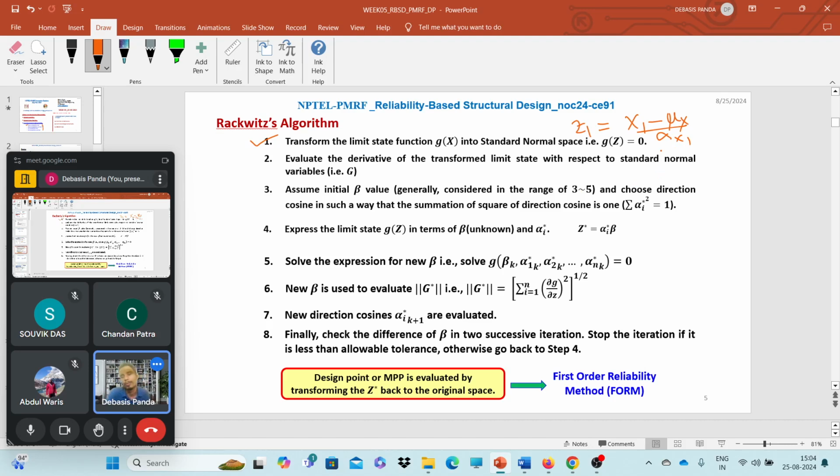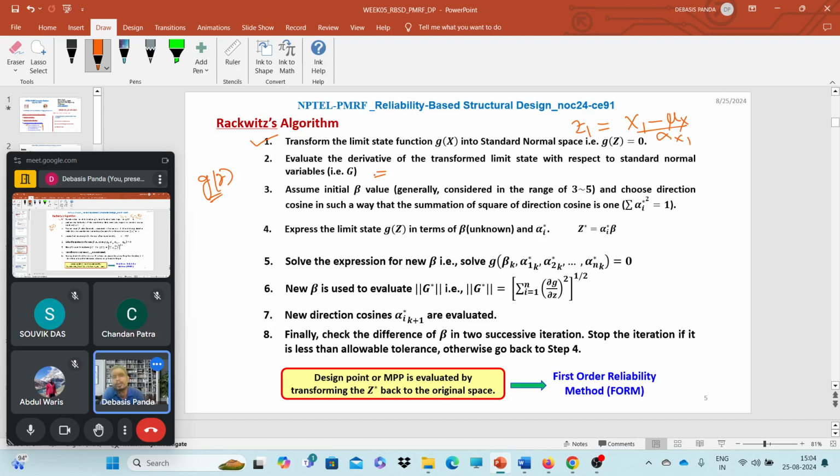Once we have the random variables in standard normal space, we can write the limit state function in standard normal space. Then we need to evaluate the gradient of that limit state function in standard normal space, so that we can evaluate the direction cosines.